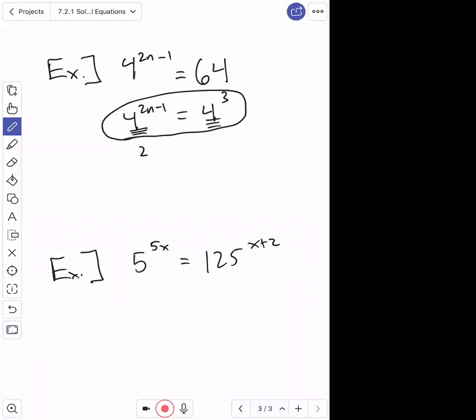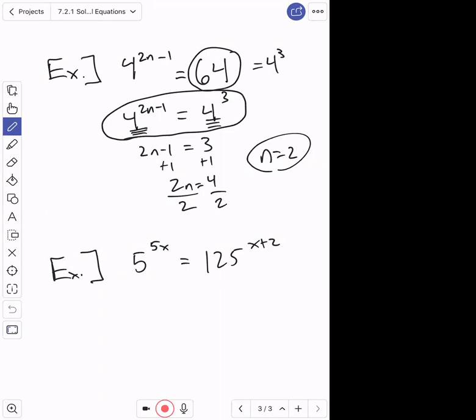Once you have them to have the same base, so what we were doing here in class, I'm not sure if you overheard us, we were talking about, okay, 64 equals 4 to the power of 3. And so once we knew that, we wrote it as 4 to the power of 3 because now once the bases are the same, we can set those exponents equal to each other. And so when we solve this, I think for the first one, we get 2, right? N equals 2.